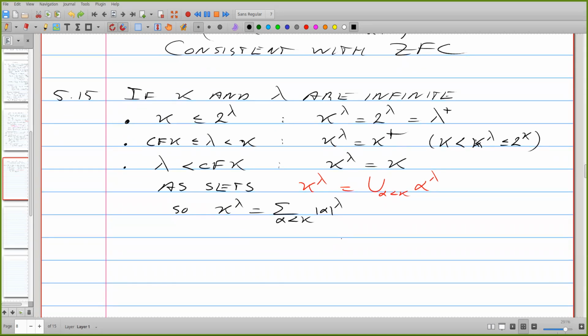How many terms do we have? Kappa. And so we know that this sum is equal to kappa times the supremum of all those things.